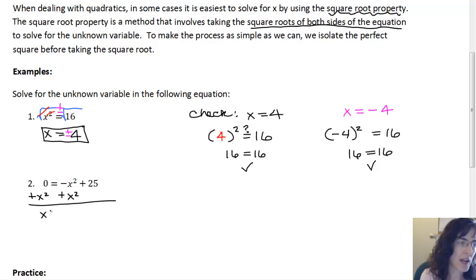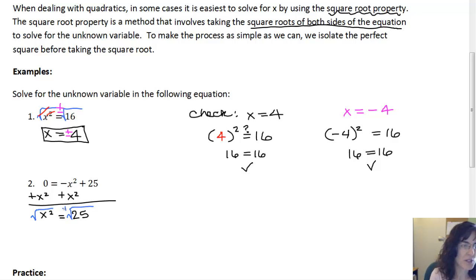And when I do that, I have x squared equals, and then the x squareds cancel because they have opposite signs. I have x squared equals 25. Now I can take the square root of both sides. This time I'm going to remember to do the plus or minus on one side so that I can get both of my solutions right away.